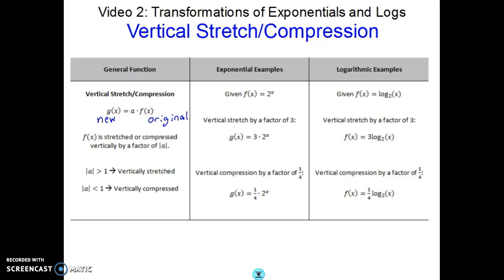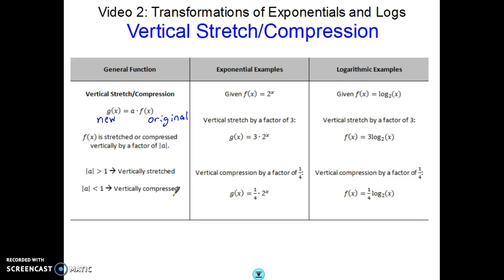Now, we've talked about this before. If the size of a is greater than 1, then we would say our function was vertically stretched. If the size of a is less than 1, then our function has been vertically compressed, in both cases by a factor of a. So let's jump into what that looks like for exponentials.